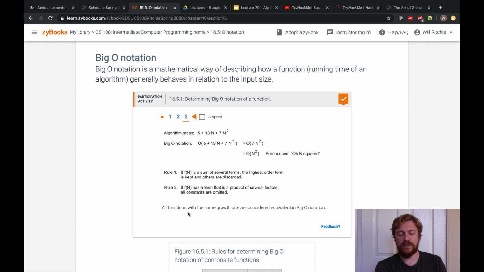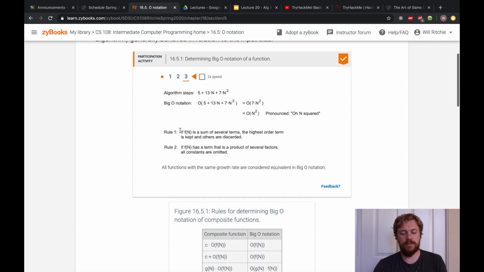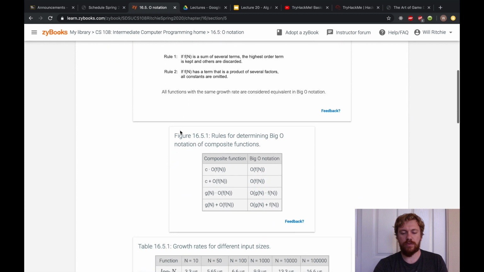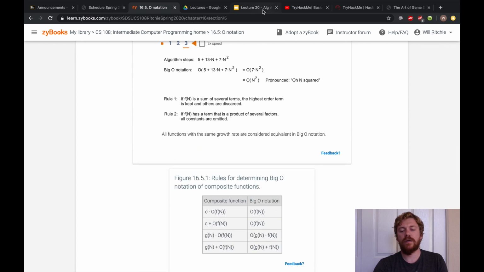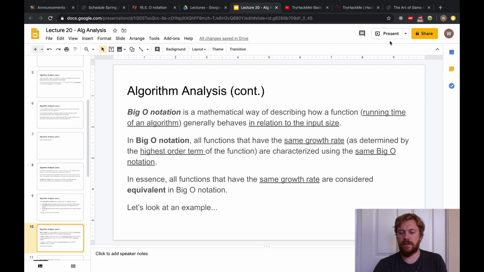And so all functions with the same growth rate are considered equivalent in big O notation. So anything on the order of n squared would be the same under big O notation. These are rules for determining big O notation of composite functions. We won't go over that right now. All right, going back to the slides.